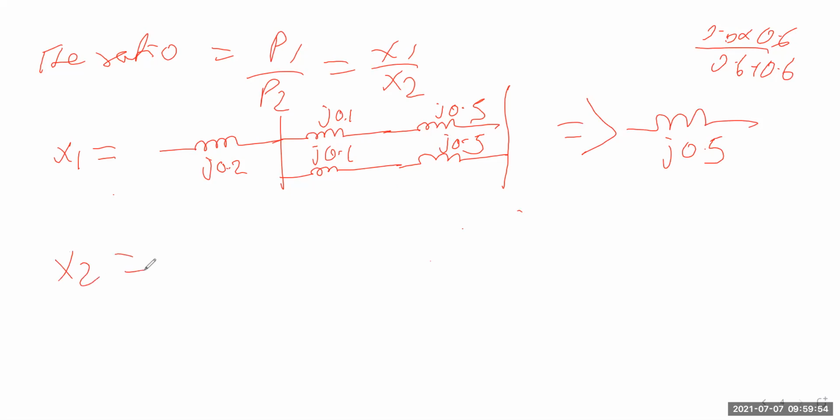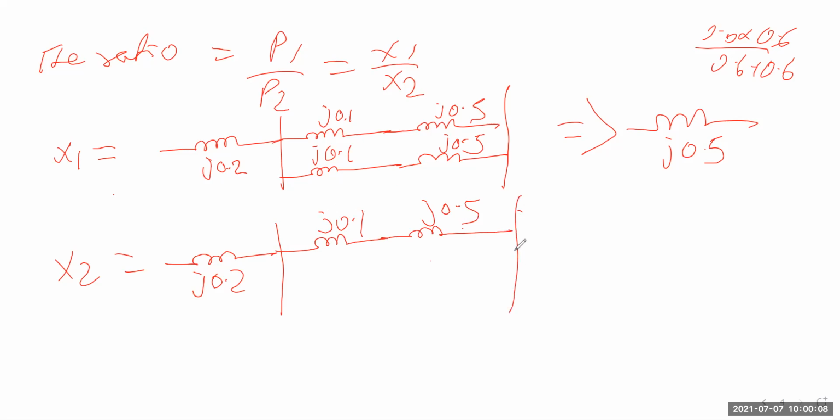In the next step, we have J 0.2, then J 0.1, then J 0.5. Now, it was given that there is a three-phase fault in line 2. So when there is a three-phase fault, this would be your 1, 2, 3, and this also would be grounded.